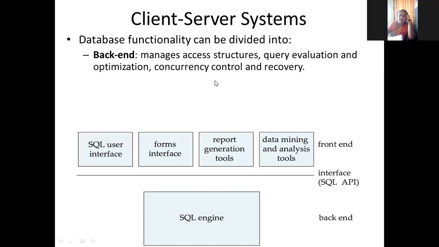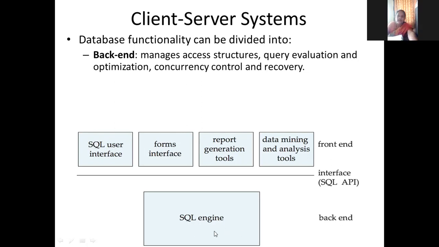In the front end, it is a user interface where you can write the SQL query. A report generation tool is there, and data mining and analysis tools are there. This is on the front end side. But when you write a query at the SQL user interface and send it to the backend side, that is the SQL engine.